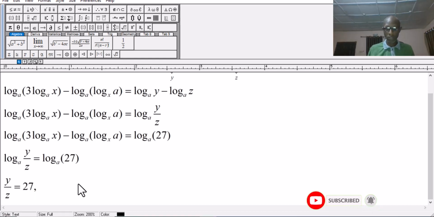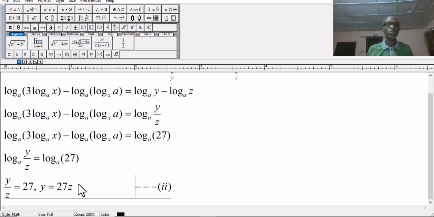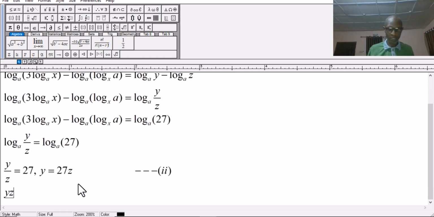We can say that our y is equal to 27z. Let's call this equation 2. So we also know that yz is equal to 3. We already proved that from the previous question that we solved. So let's call this equation 1.